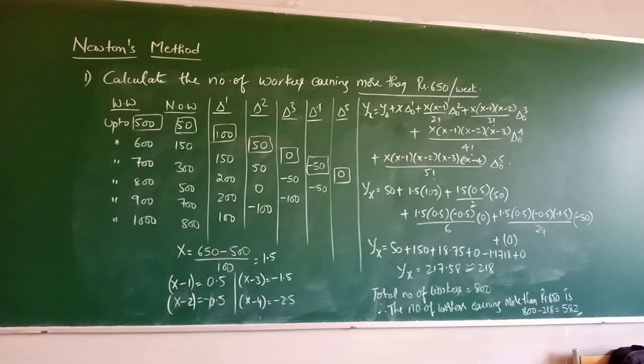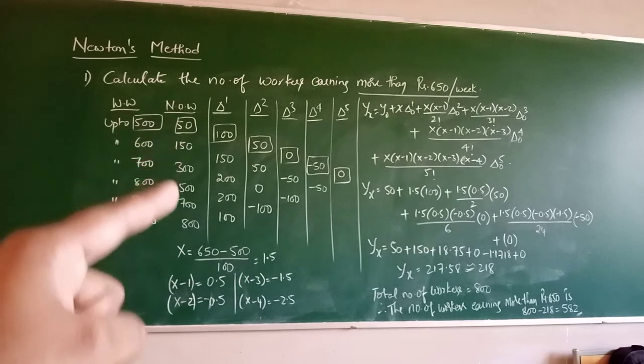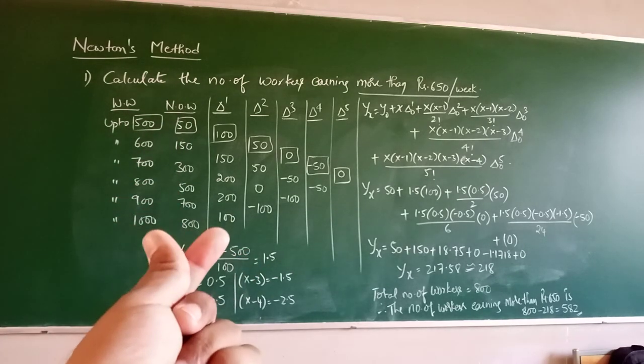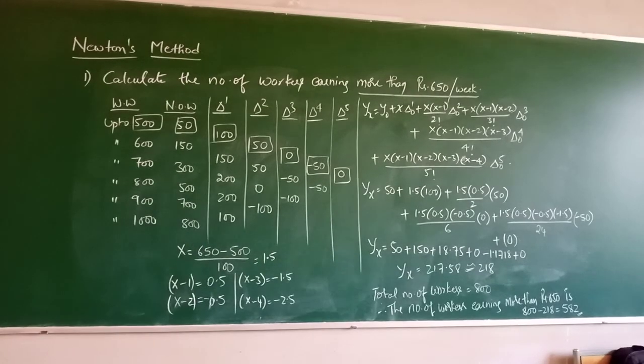But the question is asked about more than. So as you all know, for cumulative frequencies, obviously the last value will become the total, right? Total number of workers: how many? 800. Now we need to calculate more than 650.